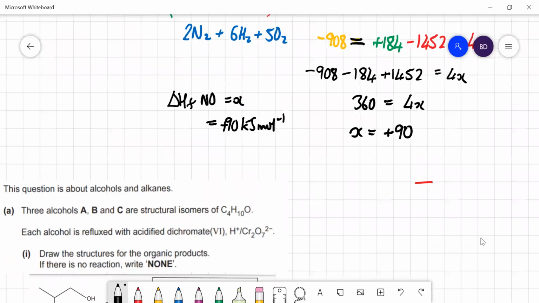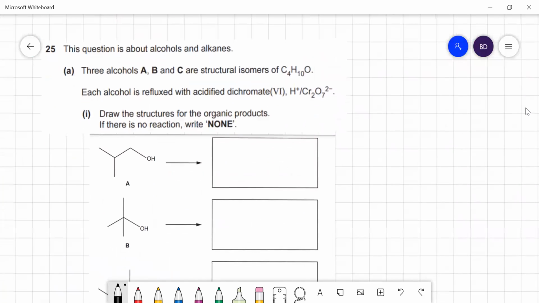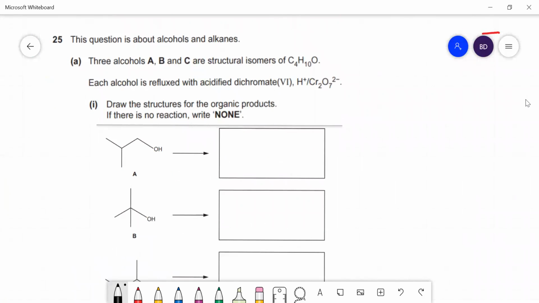Okay. On to some organic chemistry. The question is about alcohols and alkanes. Three alcohols have the structural formula C4H10O. Each alcohol is refluxed with acidified dichromate, which will of course oxidize them.